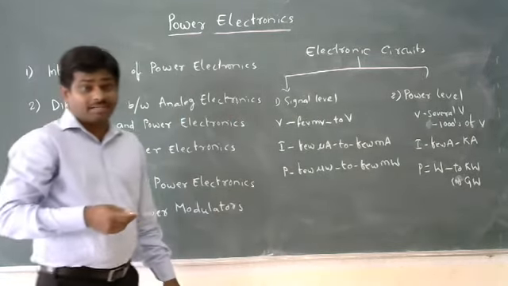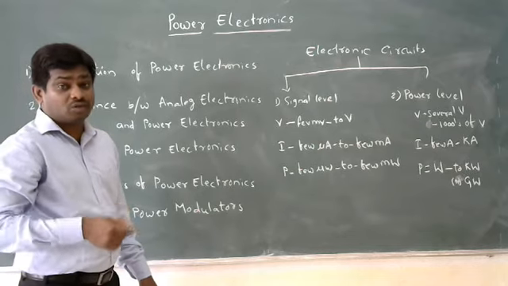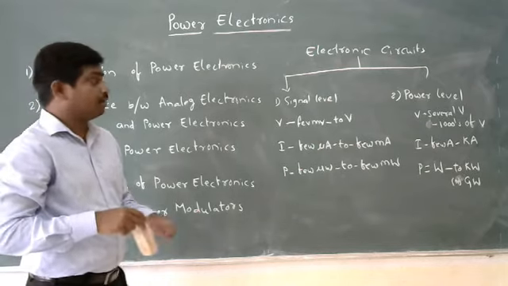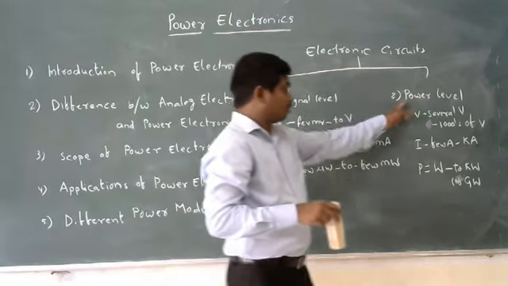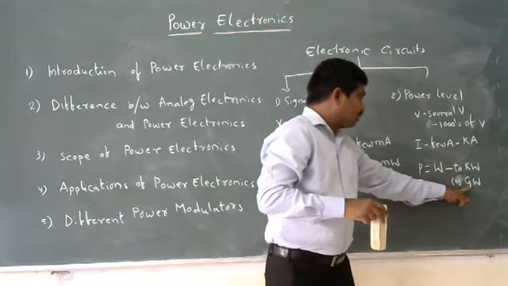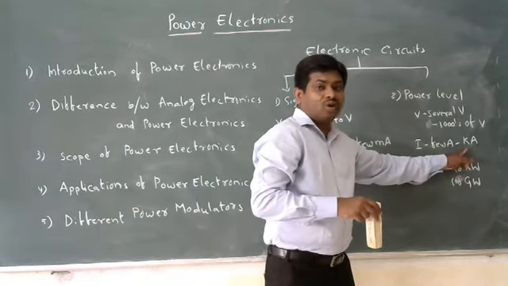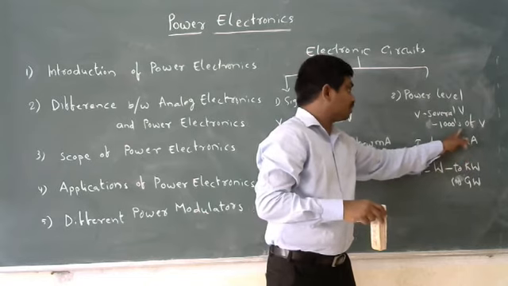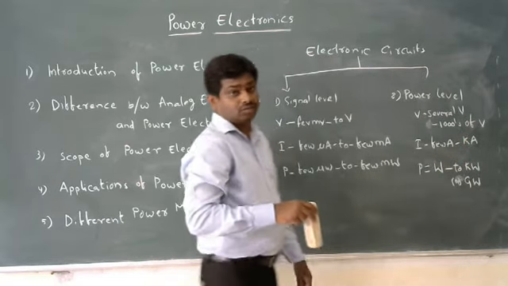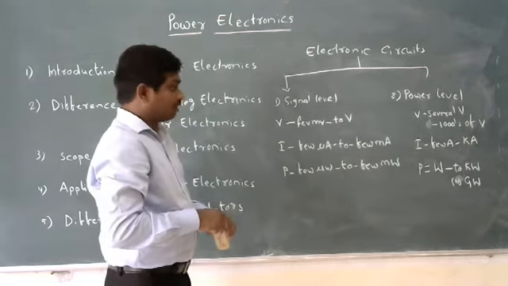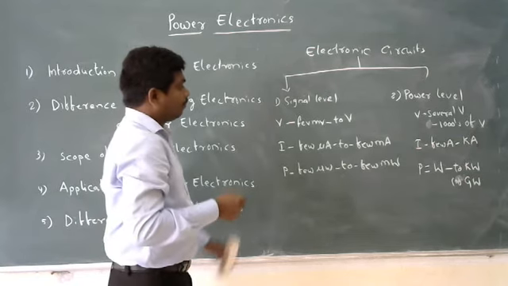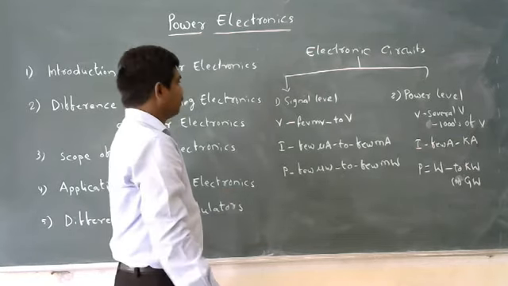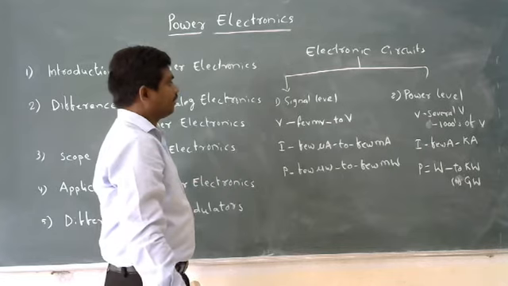If the doping level is higher, then we can use those switching devices for power applications, because they are going to handle gigawatts of power, some kiloamperes of current, and thousands of volts. That's why it is very important to know the difference from signal level electronics.